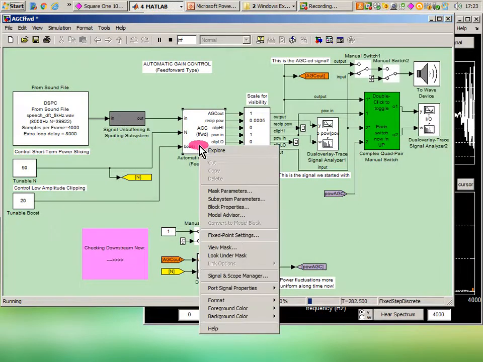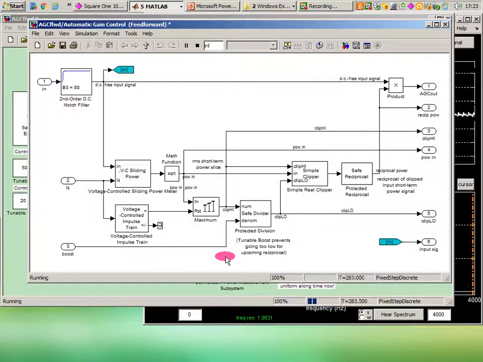So let's go inside underneath that mask, and we see our signal flowing in from the left. We come in through a DC notch filter to get rid of DC, and of course AC coupling is a thing that we often do in audio to get rid of any dominating constant or low frequency content coming in, and we work with that from now on.